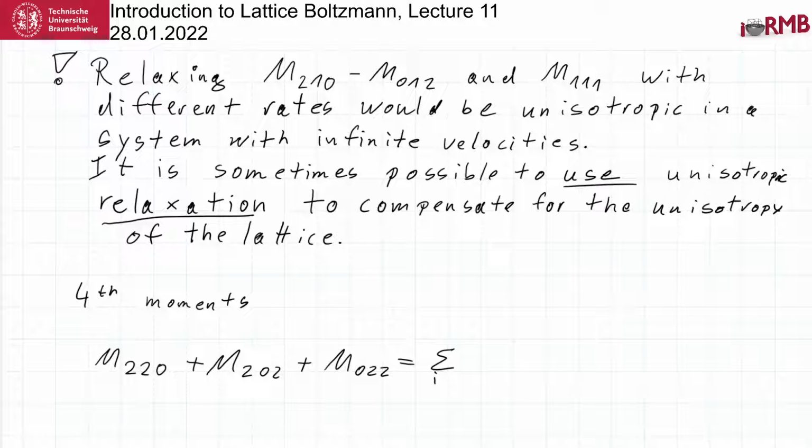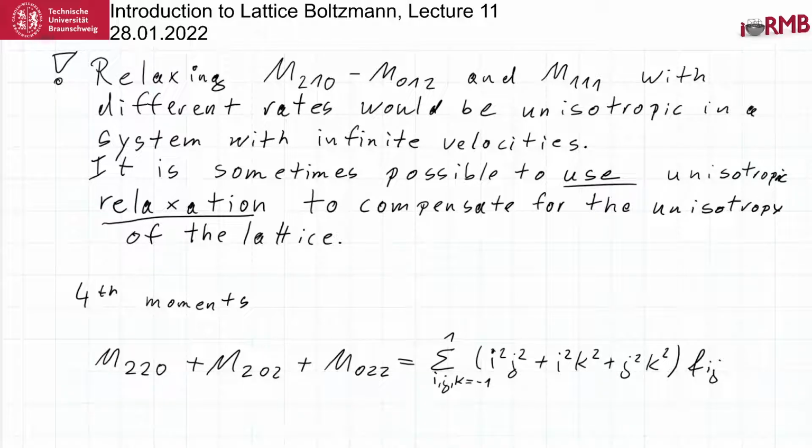This is of course the sum over ijk from -1 to 1 of i squared j squared plus i squared k squared plus j squared k squared times f_ijk.